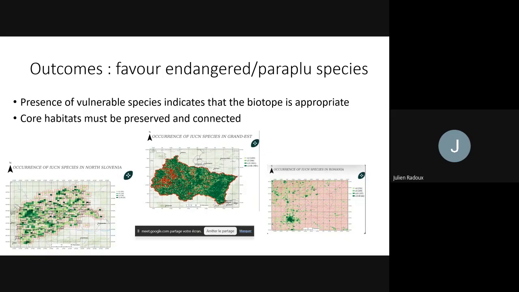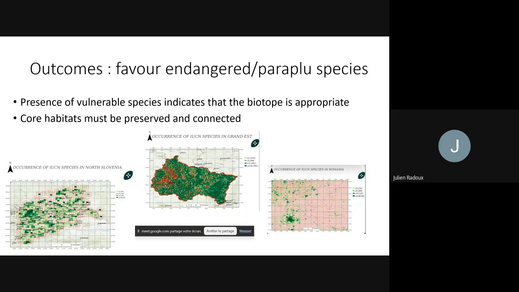The other side of the outcomes is the presence of vulnerable species, because those vulnerable species, because it's difficult to get them to grow in some place, usually are not so good competitors. So if you find them, it means that the biotope is clearly appropriate. The biotope is the ensemble of soil type, climate conditions, and also in some places the other part of the vegetation that is already there.